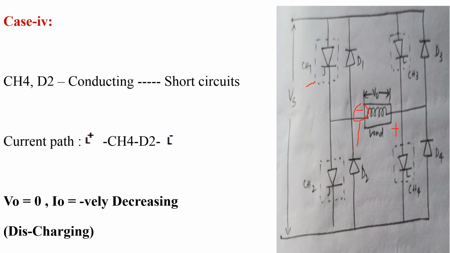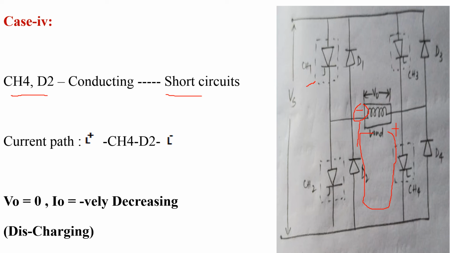So in this case, consider CH4 and D2 are in conducting state, which act as a short circuit, and all remaining diodes and choppers are in open circuit, and the inductor starts discharging from positive polarity to negative polarity in the direction of L plus, CH4, D2 and L minus.